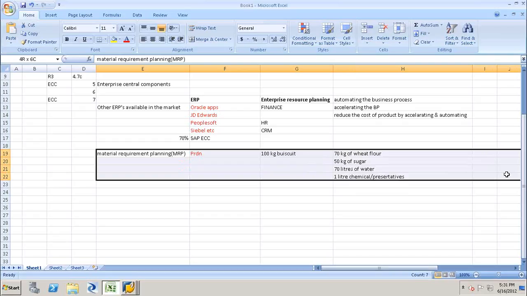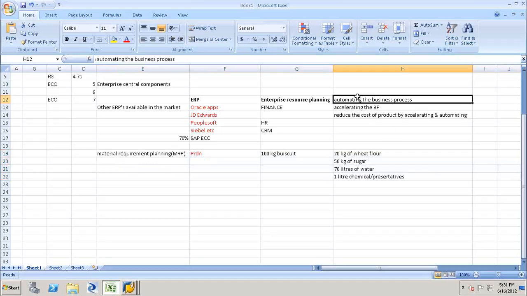So in this process, we can reduce the workforce as well. A company can reduce the workforce, so automatically the cost of the product will be reduced. So the objective of the SAP ECC system is these three things. Any questions?